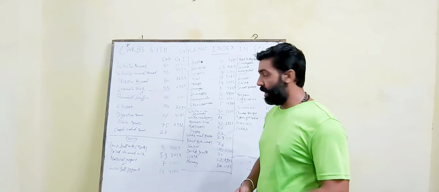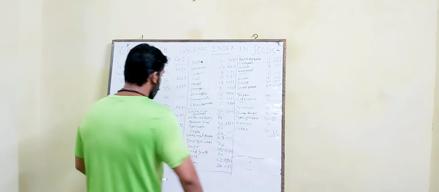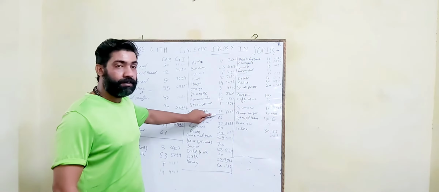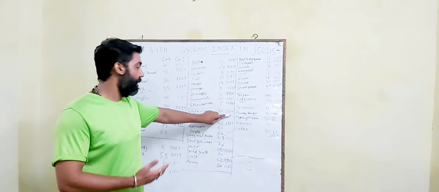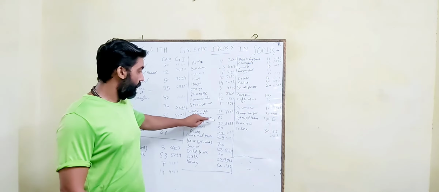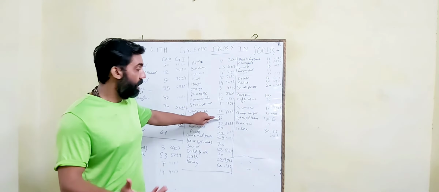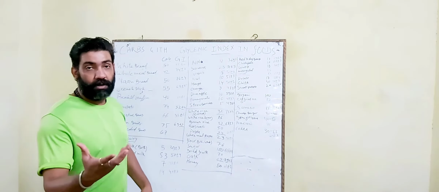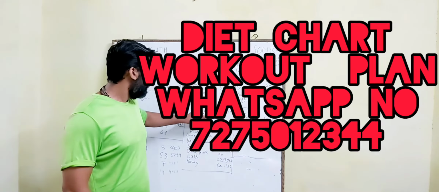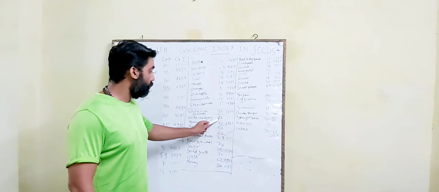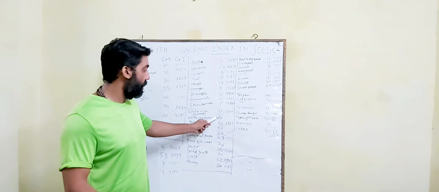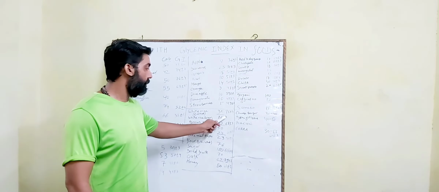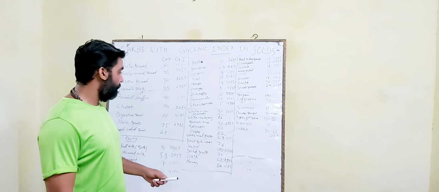Now we talk about white rice. Cooked white rice has 30 grams of carbs and a GI value of 73. Uncooked has 86 grams of carbs; when we cook it, the carbs per 100 grams go down. So uncooked white rice has 86 grams of carbs and approximately 70 GI value.